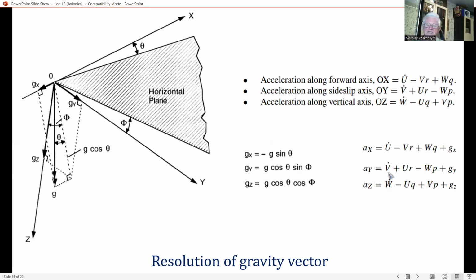The inertially derived velocity components U sub I and V sub I are then obtained by integrating U dot and V dot with respect to time.